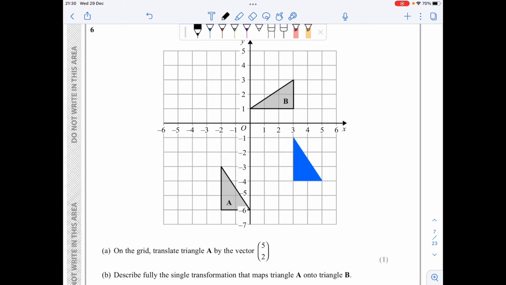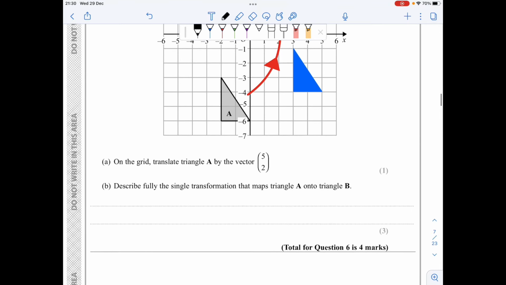You can see that going from A to B is a rotation of 90 degrees anticlockwise, but tracing paper might be useful to locate the center of rotation. In this case, the center is at the point -3, 0. So a full description would look like this.